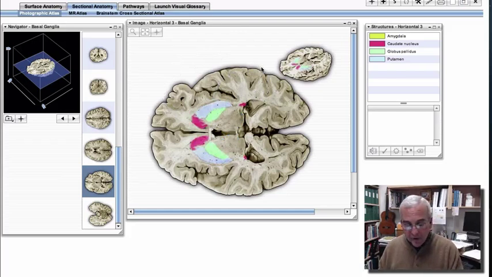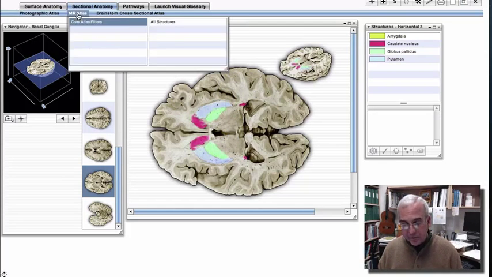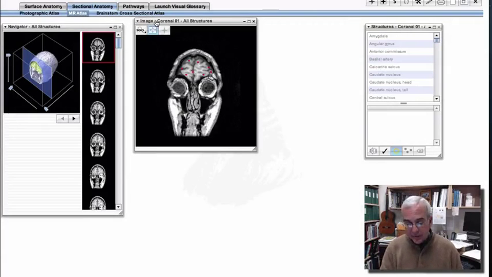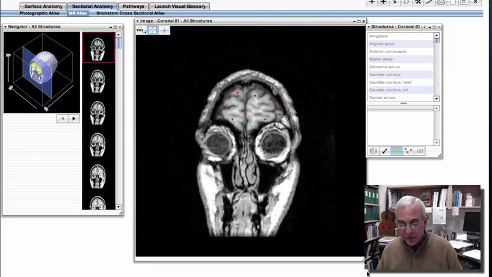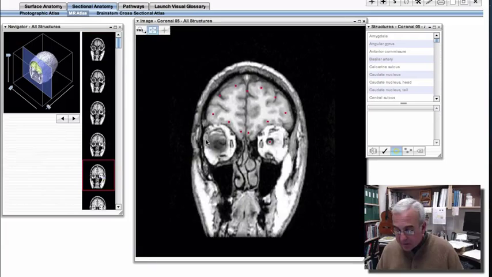One way that I would recommend that you do it is now on your own, if you have a copy of Sylvius, enter our MRI atlas. This is a T1 weighted MRI atlas of the human brain. And rather than colorizing the brain, we've placed these small little dots on the brain. If you select a dot, you will see opportunity to identify the structure that's labeled.